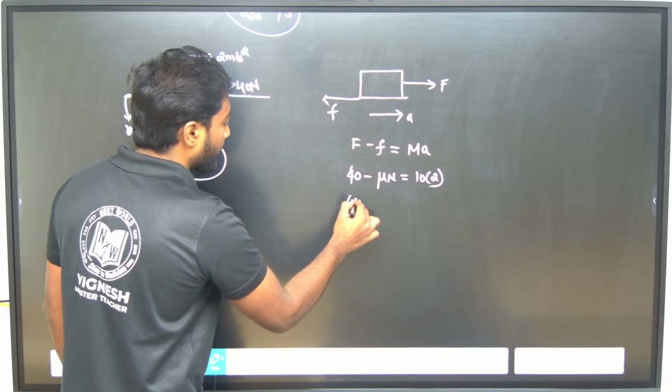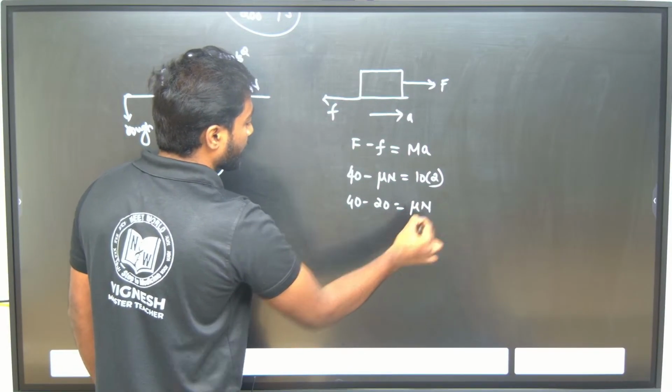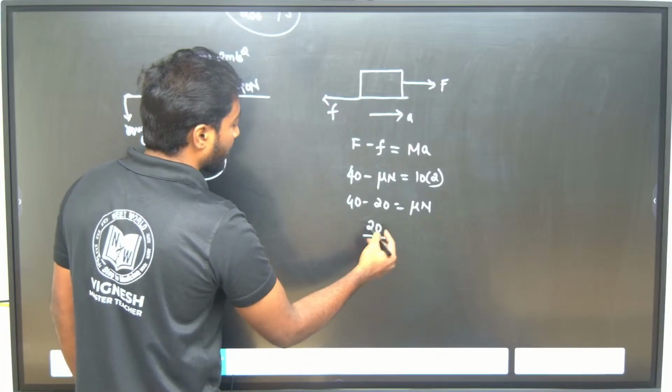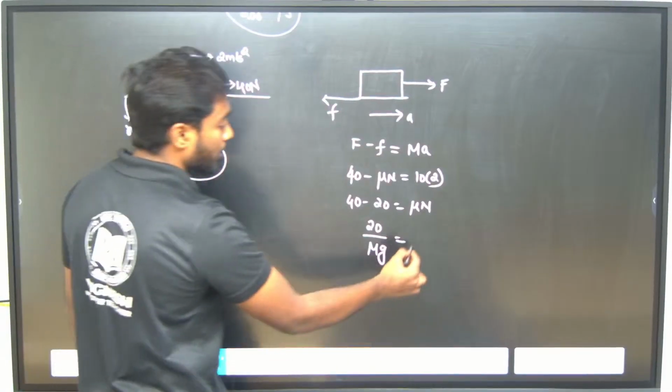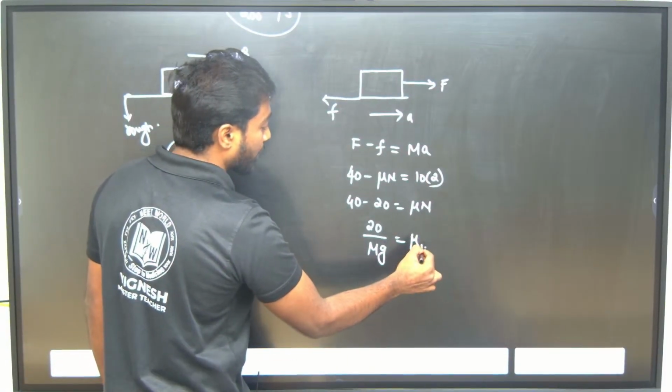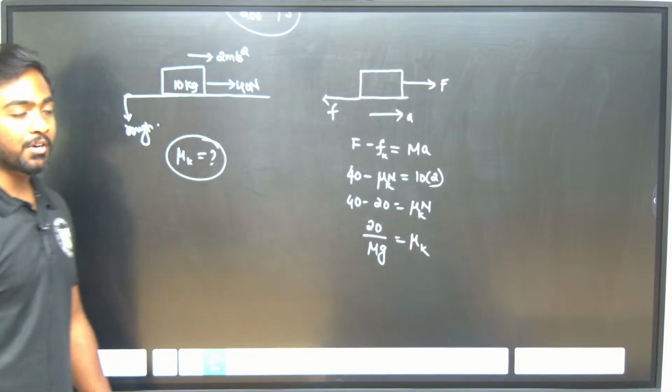So 40 minus 20 equals mu into N. So 20 divided by mg equals mu k, right? It's a kinetic friction, no?